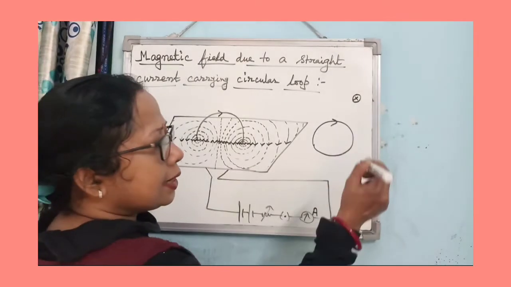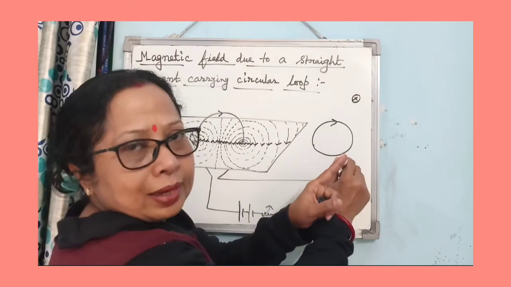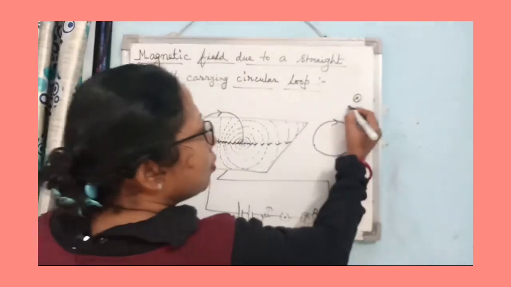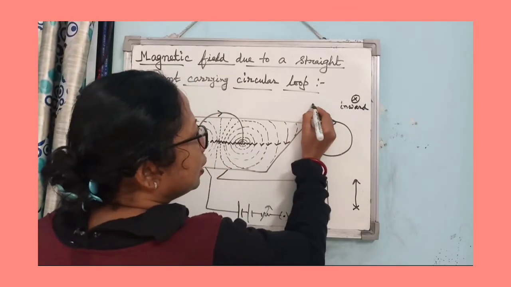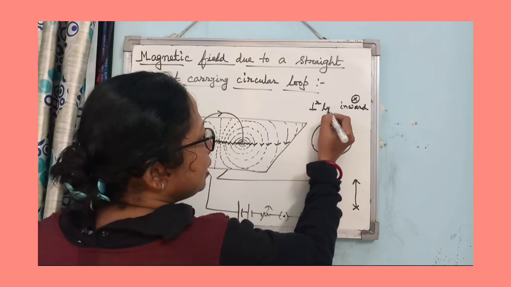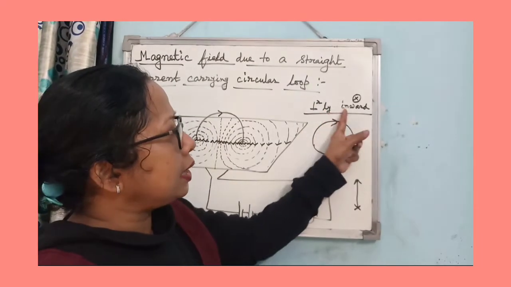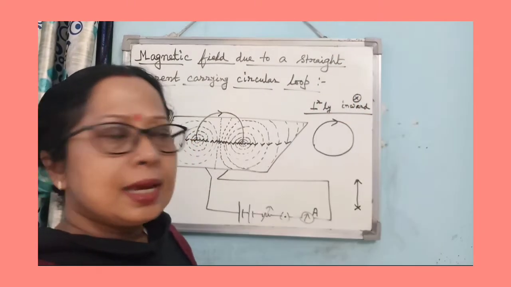So if the vector is in the inward direction, you can see the tail of the vector, and the tail appears like a cross. So this is perpendicularly inward. I have written in short, perpendicularly inward. If you write this symbol, it indicates perpendicularly inward.